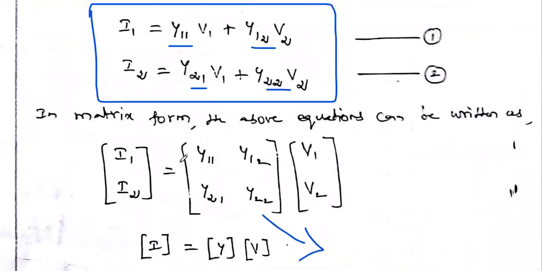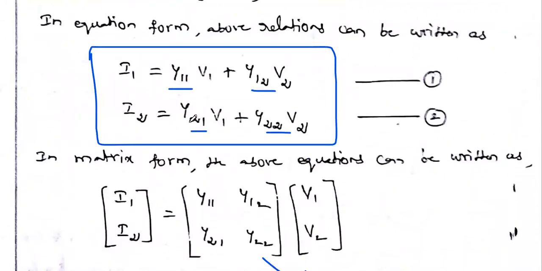Looking at the equation, to find Y11 and Y21 we have to make V2 equal to 0. V2 is the voltage at the output port, so making it 0 means the output port should be short circuited. In a short circuit the voltage is 0 and the current is maximum. So we short circuit the output port to find Y11 and Y21.